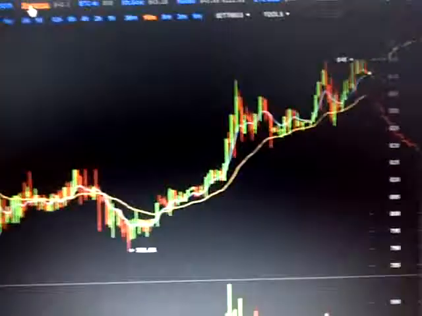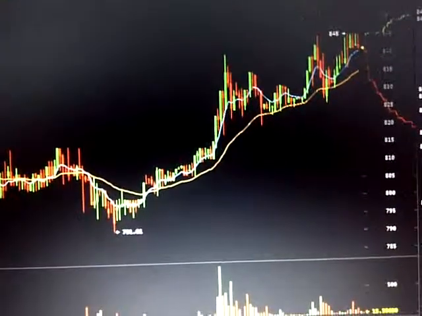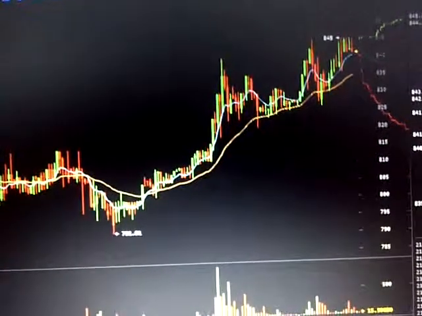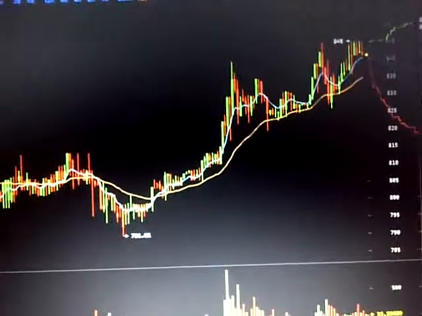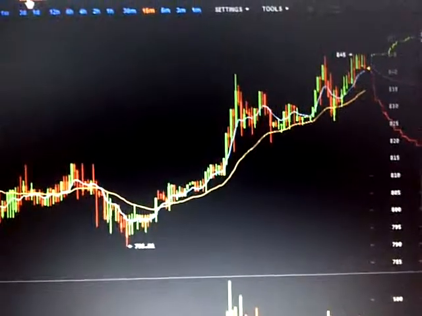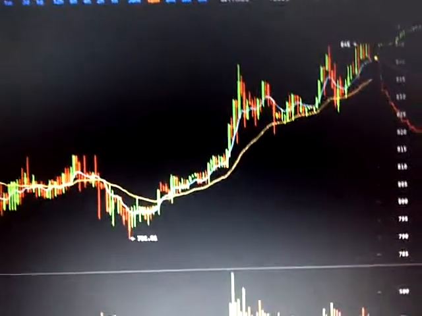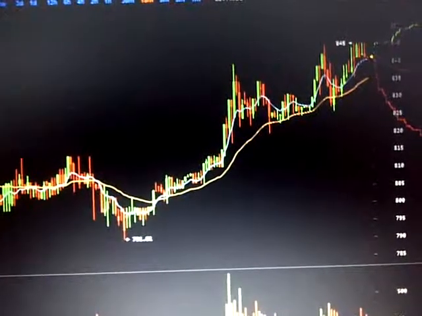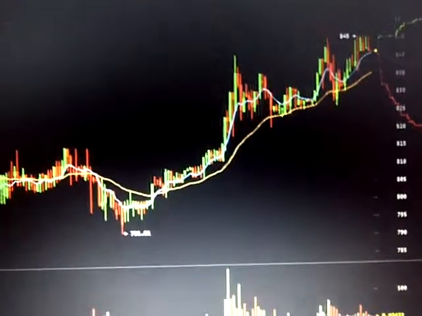So if I bought 10 Bitcoins here, I'd only make about 550 bucks. Whereas on Mt. Gox, if I bought 10 Bitcoins at the low in the same time period, I would have made 800 bucks.